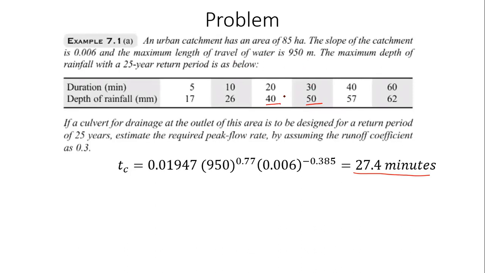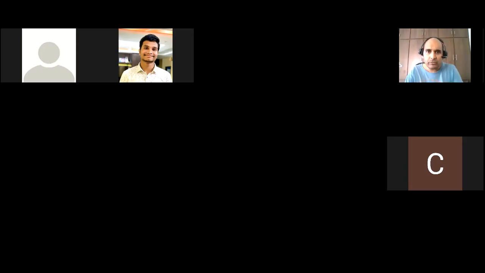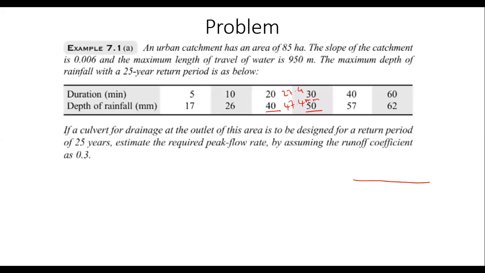So if you linearly interpolate between these two, at 27.4 minutes, 47.4 mm of rainfall must have been received.